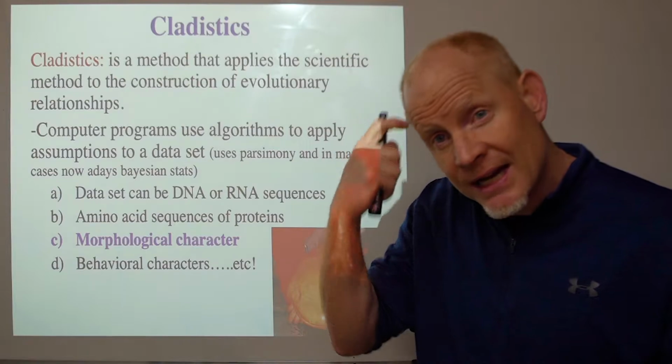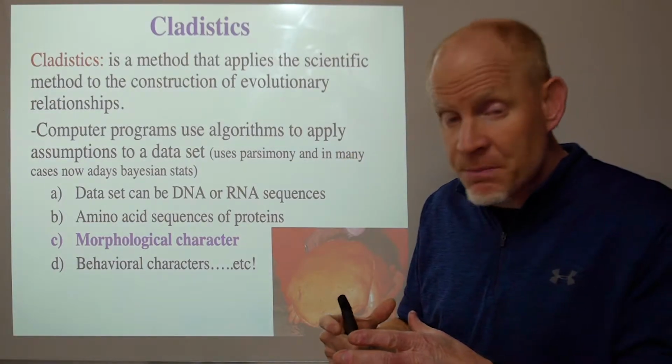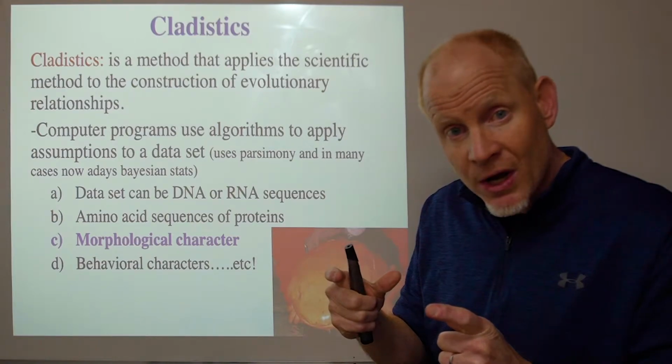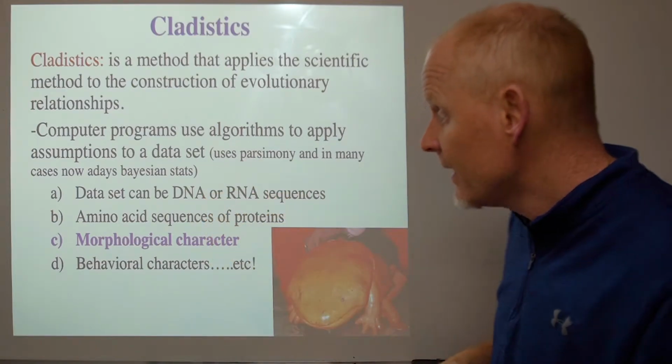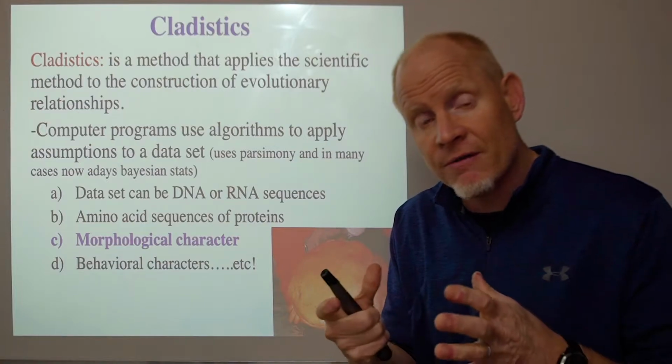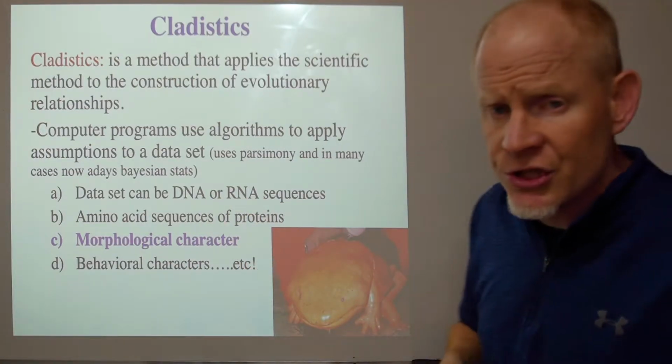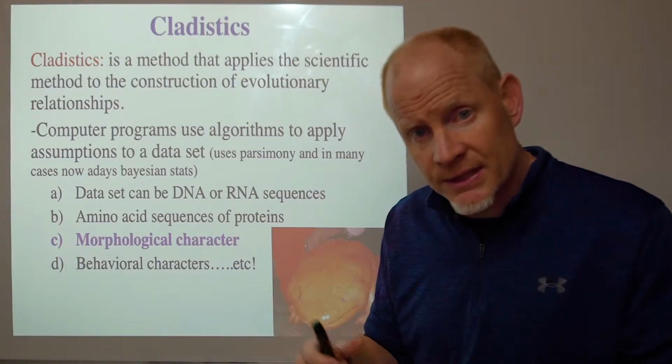So I've used, for example, sperm ultrastructure, all of these little structures and differences and nuances that you can find on mature sperm under the electron microscope to build phylogenetic trees, or start to build phylogenetic trees, if you will, on the relationships between lizards and snakes, for example, since I'm a herpetologist.